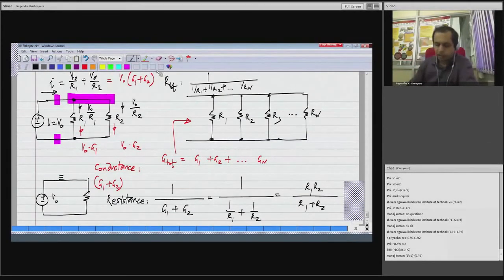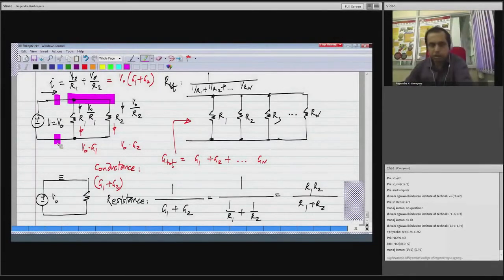So this again is obtained by the simple experiment of connecting a voltage source and finding the total current.